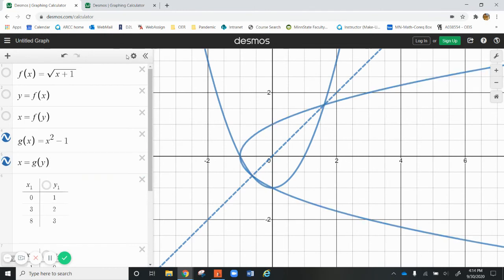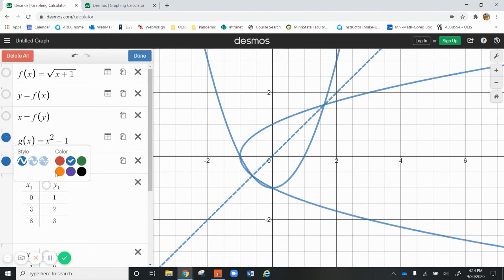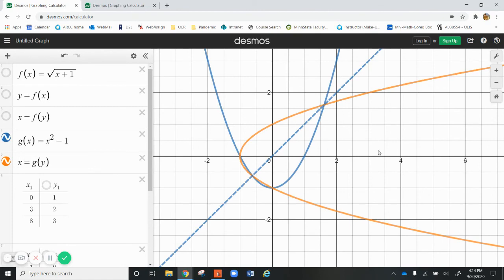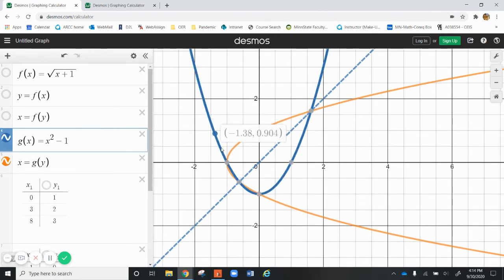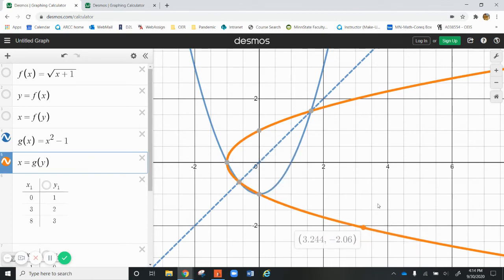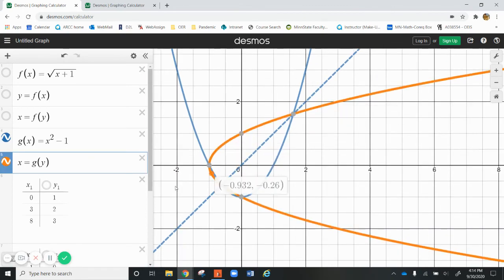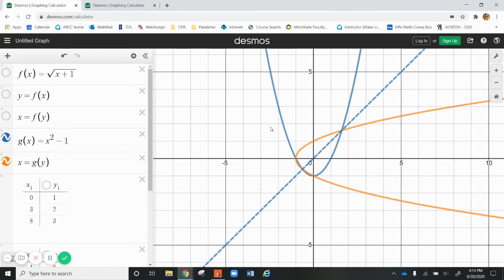Let's make that red or orange, maybe. If I take this parabola and try to find the inverse by swapping the x and the y, what I get is this parabola. It's certainly a reflection over the diagonal line y equals x.